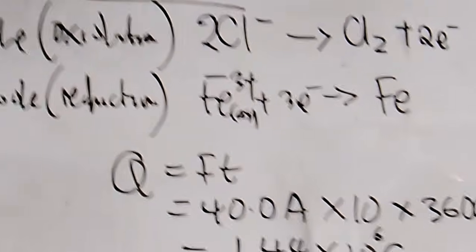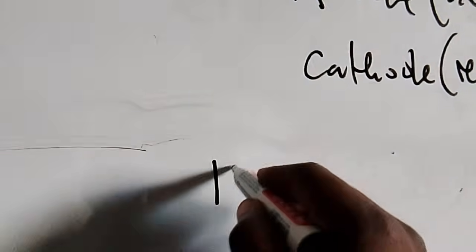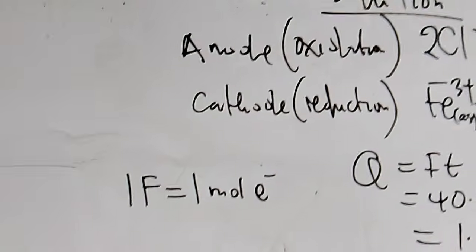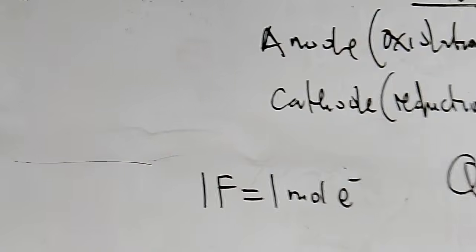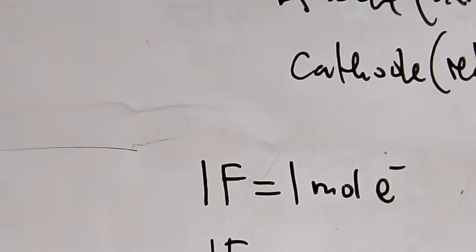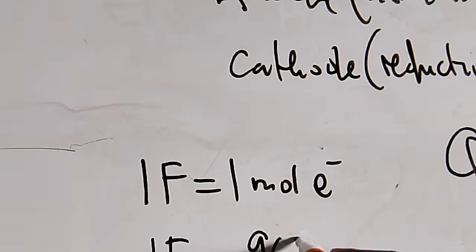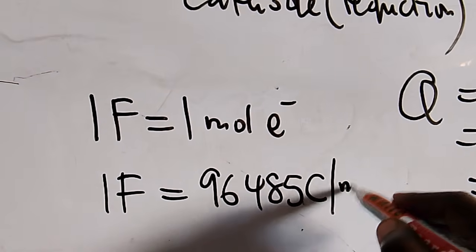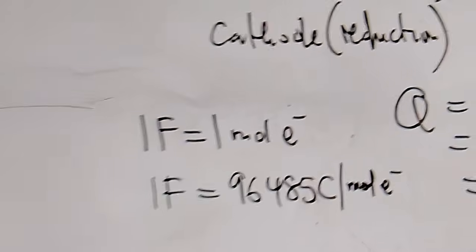Then we also know that 1 Faraday is equal to 1 mole of electrons. Also, 1 Faraday is equal to 96,485 coulombs per mole electrons.